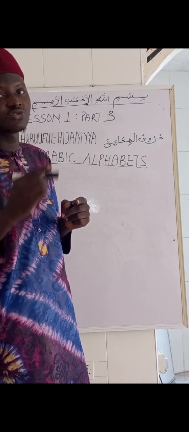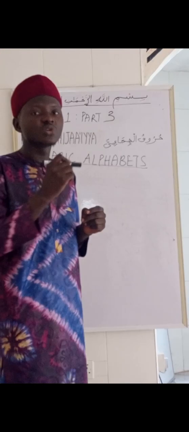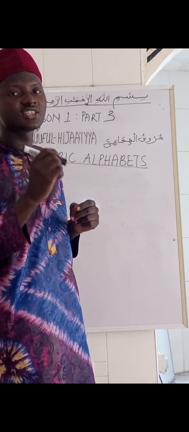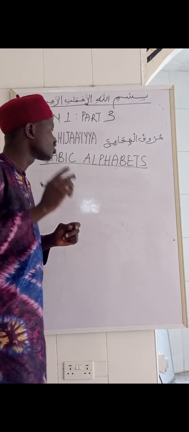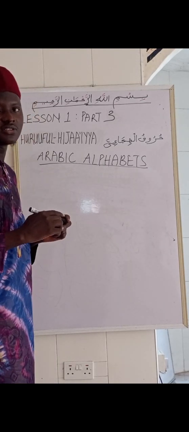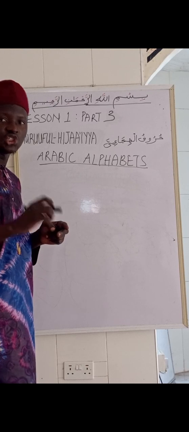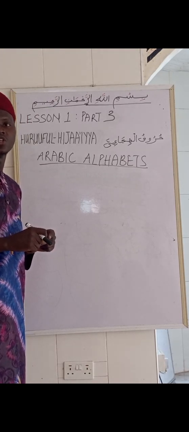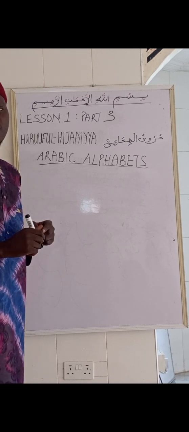Can you write shin for me? Quickly do that. Can you write ra? Can you write sad? And so on. Make sure you are following and you put in your best, and I assure you that by the end of this journey, you will thank Allah subhanahu wa ta'ala.